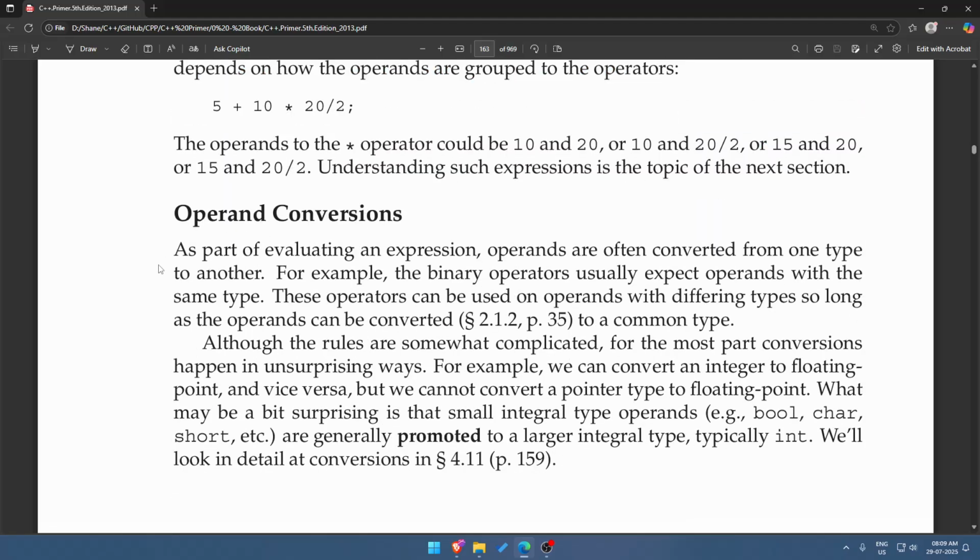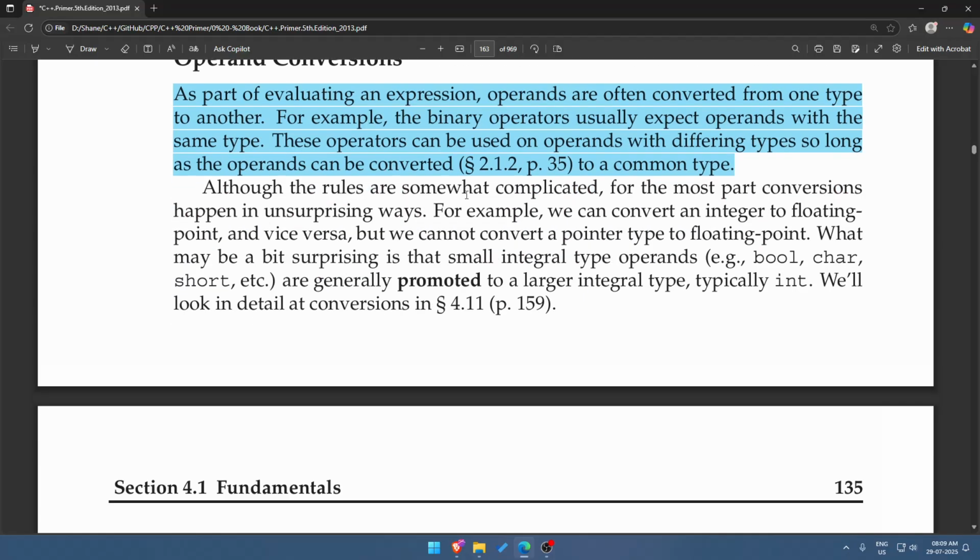Operand conversion. As part of evaluating an expression, operands are often converted from one type to another. For example, the binary operator usually expects operands with the same type. These operators can be used on operands with different types so long as the operands can be converted to a common type. Although the rules are somewhat complicated, for the most part conversions happen in unsurprising ways.